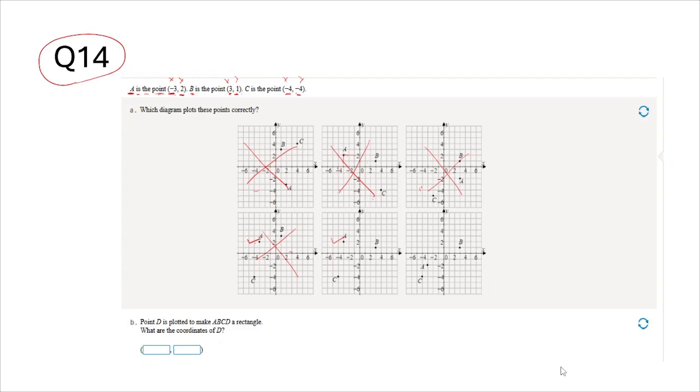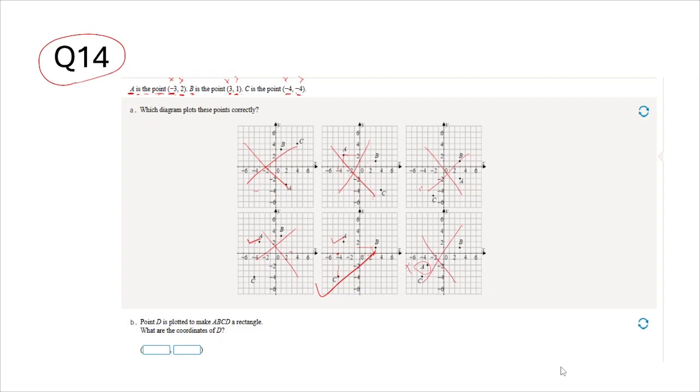B is 3, so 1, 2, 3, okay, and y is 1, so this is right also. C is minus 4 and minus 4, this is minus 4 for x and minus 4 for y, so C is here, so this is the right figure. In the last figure, point A is wrong, so this is not the right figure.